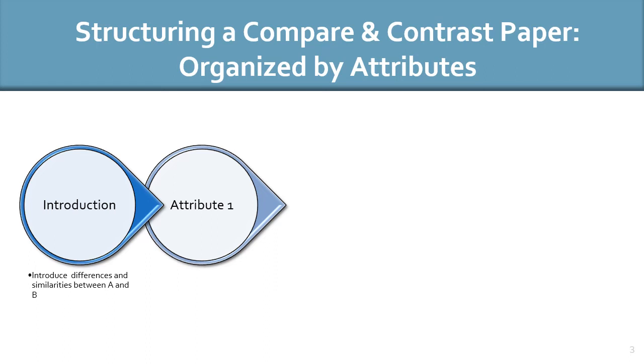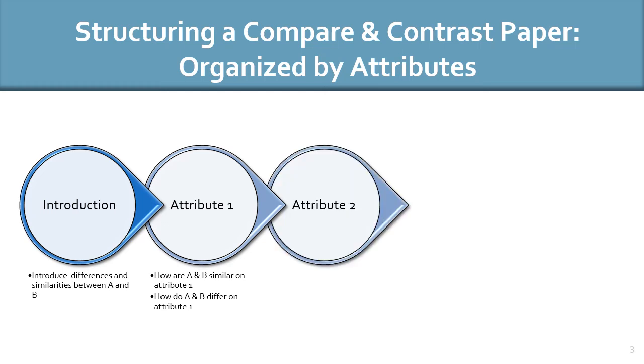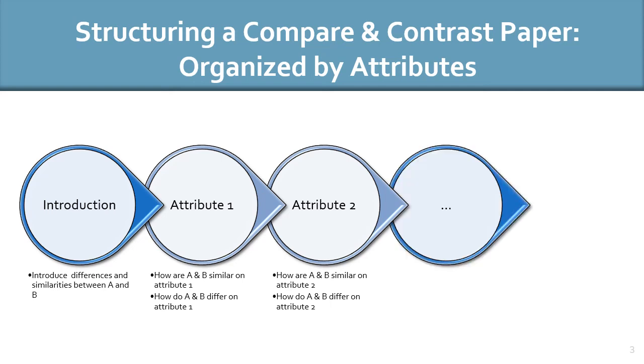For example, if we talk about two different kinds of birds, robins and parrots, you would talk about how robins and parrots are similar in terms of being birds, and then you would talk about differences within the bird family, that parrots are larger than robins are. Then you would discuss the second attribute, and first you would discuss the similarities of the two types of birds or the two things on that attribute, and then discuss their differences, each time providing evidence.